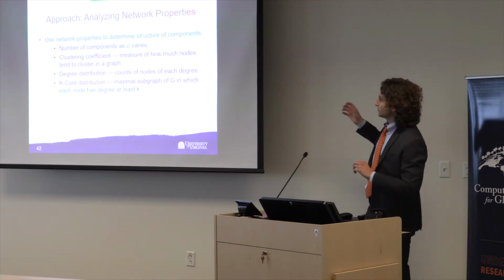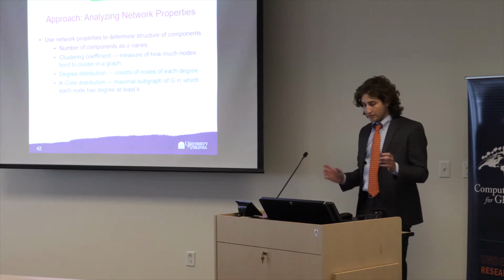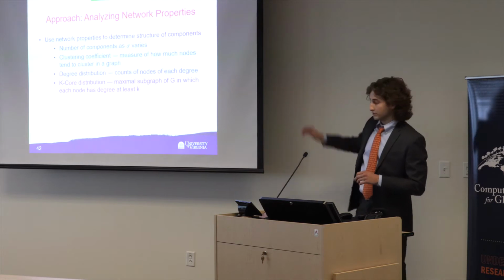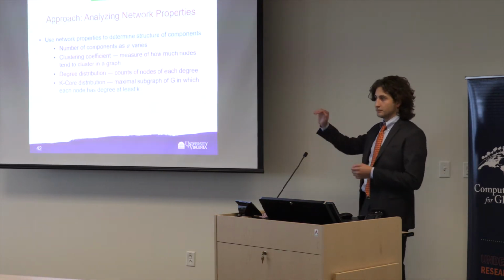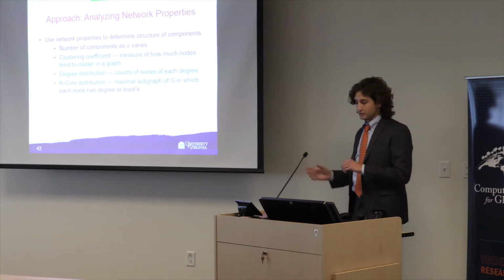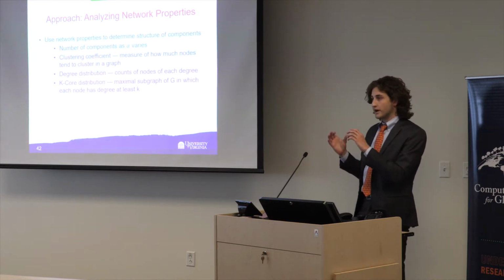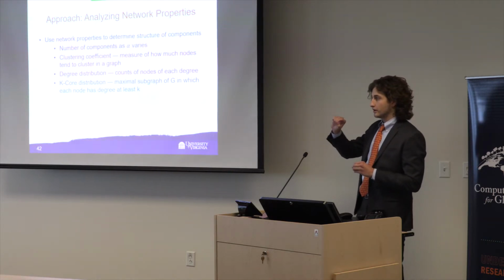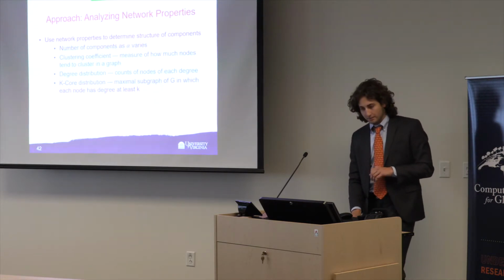So the next approach was analyzing more network properties. The two important ones here are the degree distribution, which is just a frequency histogram of the counts of each degree, and then a k-core distribution, where a k-core is the largest subgraph of a graph where every node has at least k edges coming off of it.